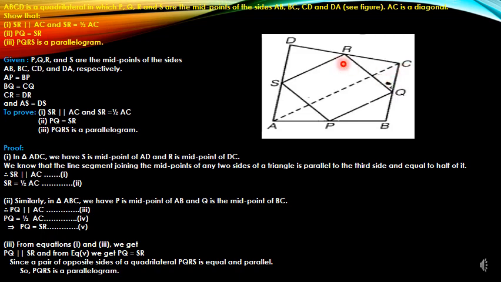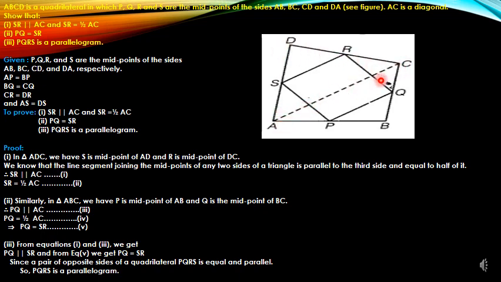After that, CR will be equal to RD. Then DS will be equal to AS. All these will be the given information. And what are they asking you to prove? You should just write these three questions as they are here. Now we shall see how to prove this. To prove the first one, that is SR parallel to AC and SR is half of AC, we shall consider the triangle ADC. Observe the triangle ADC.